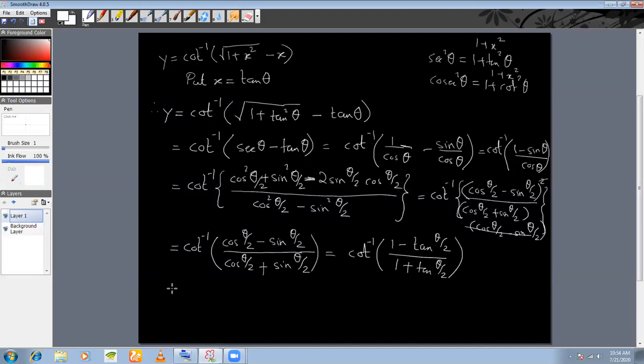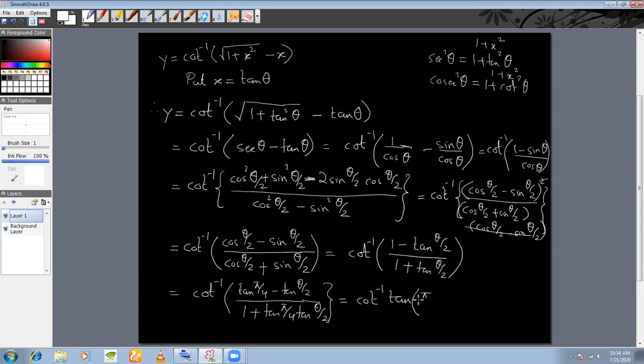So this is cot inverse of tan pi by 4 minus tan theta by 2 divided by 1 plus tan pi by 4 into tan theta by 2, which is equal to cot inverse of tan of pi by 4 minus theta by 2, right?